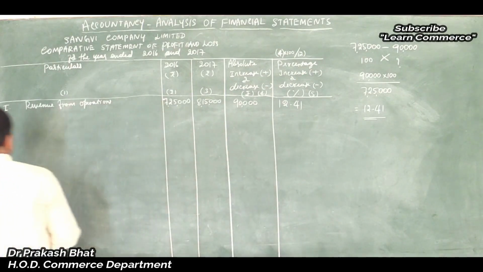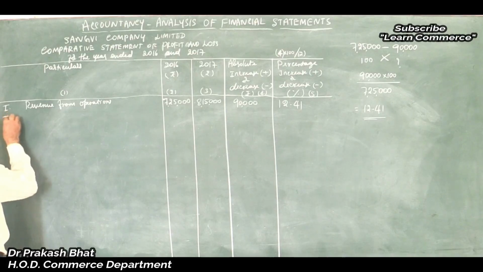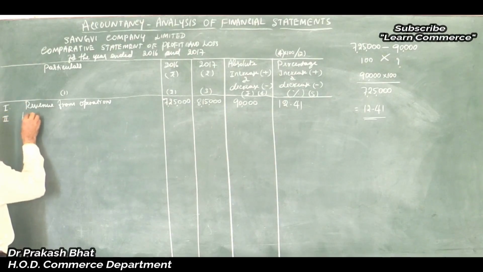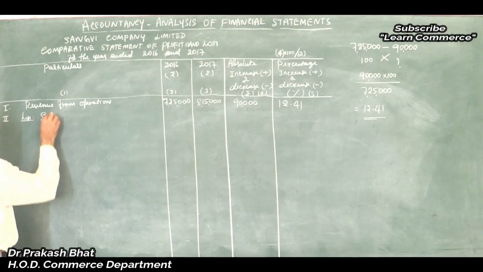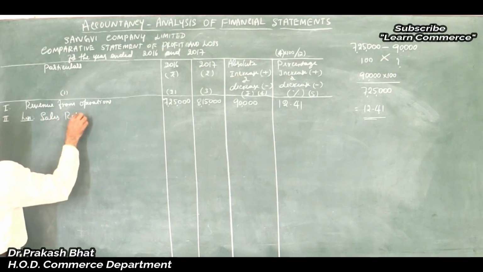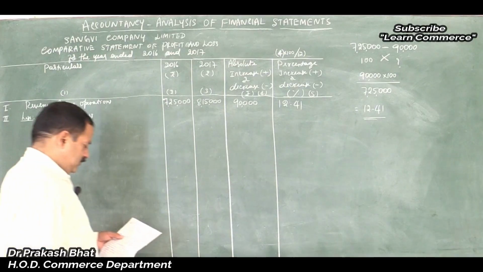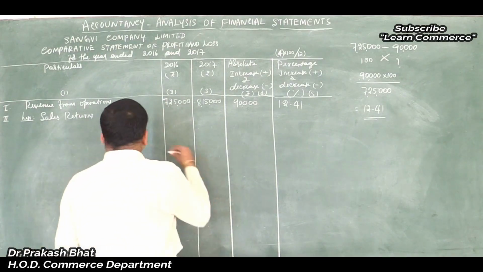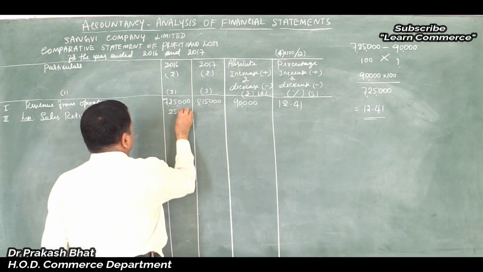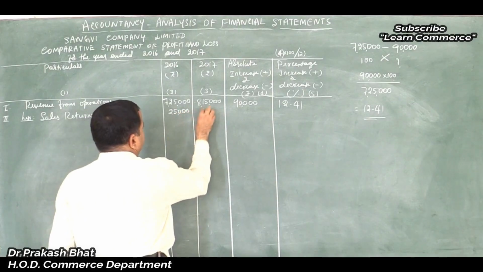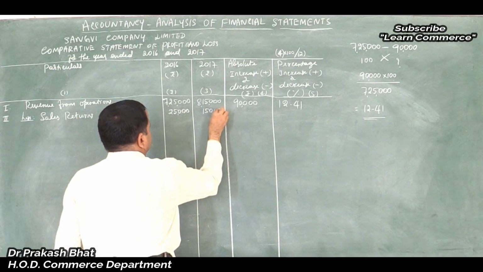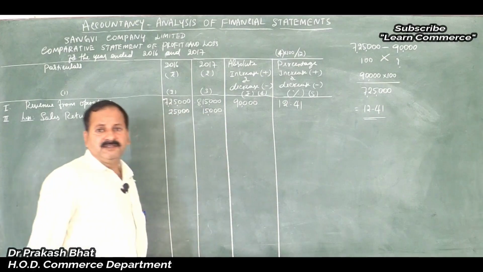Less sales returns. Second one, less sales returns. Given in the problem. No confusion. Clear? 25,000 and 15,000. See, friends, there is a decrease.